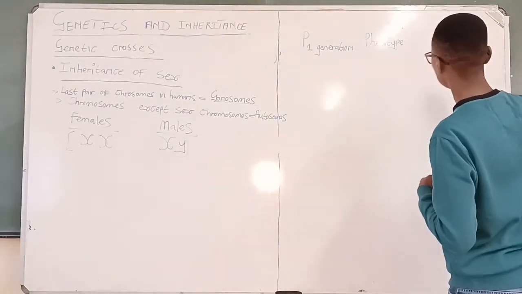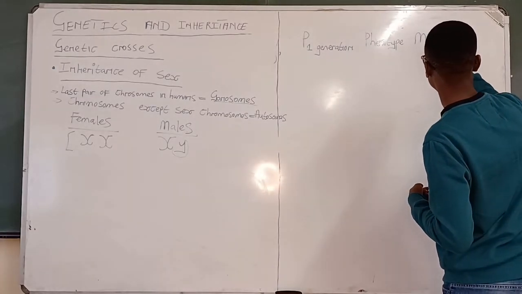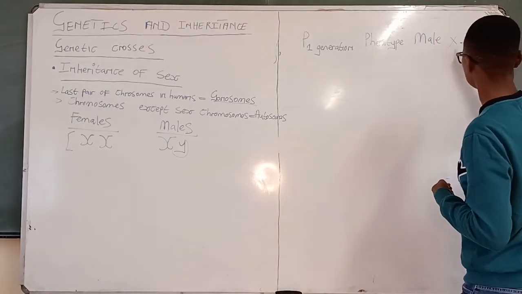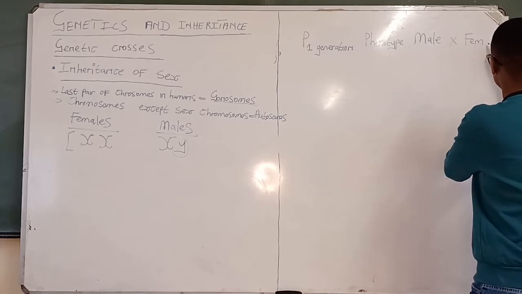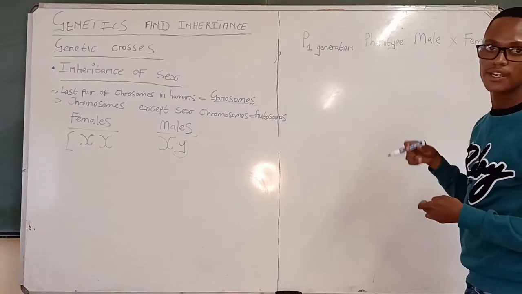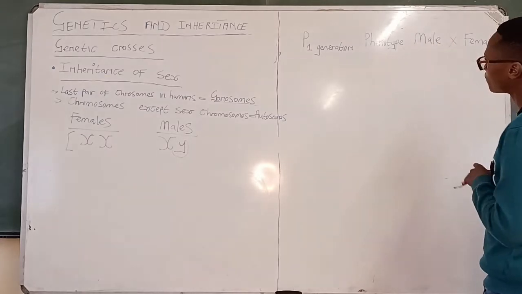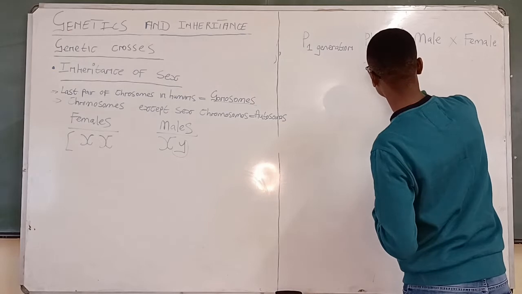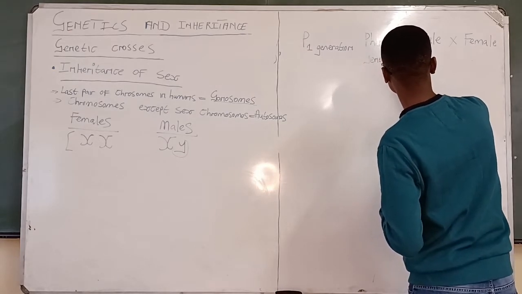We're going to cross a male with a female to see the child that they are going to have. That child can be a female or a male. We want to see that. So this is the phenotype. Then after the phenotype, we're going to check our genotype.